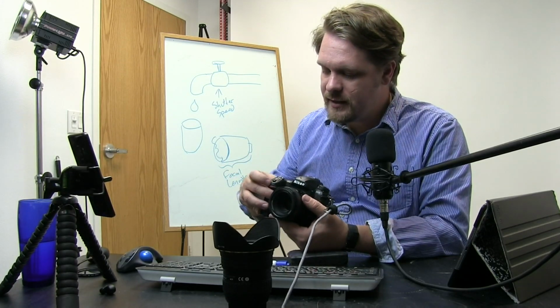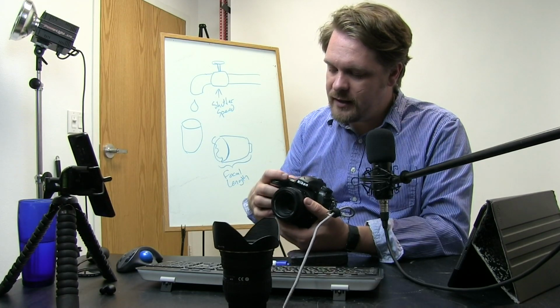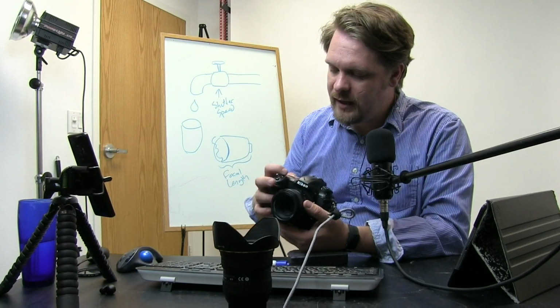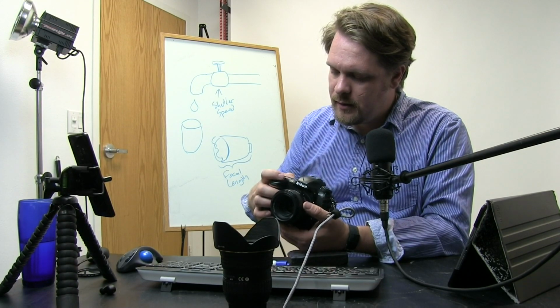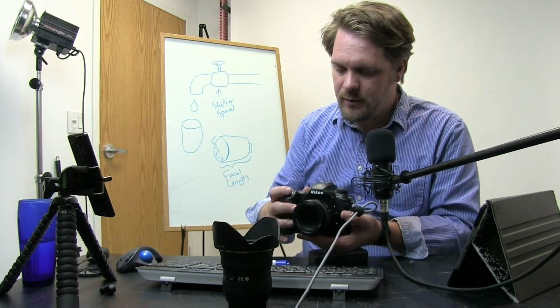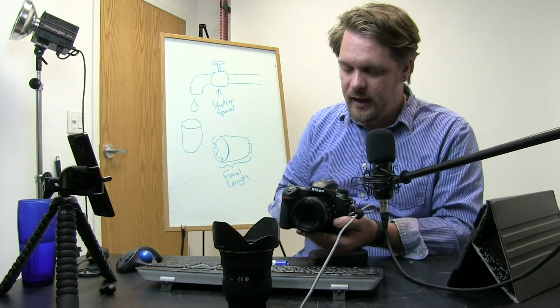So if we take this lens and we have a small aperture, like let's say we set it at f8, it won't let much light in. So we have to control some other things to get a proper exposure, and we're just looking at our light meter on the top of the camera.